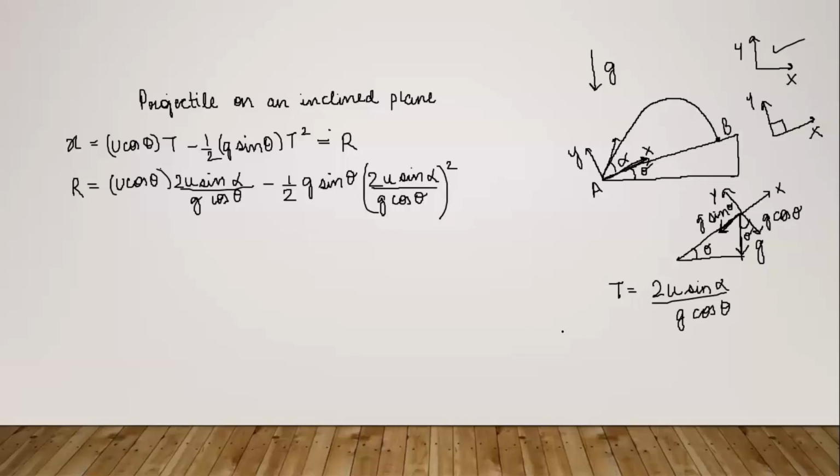Now, from trigonometric relations, we know that 2 sine alpha cos alpha is denoted as sine 2 alpha. I'm sorry, I had written this wrong, so here it must be alpha.